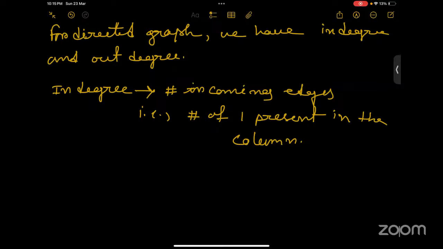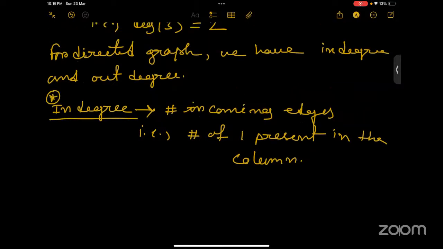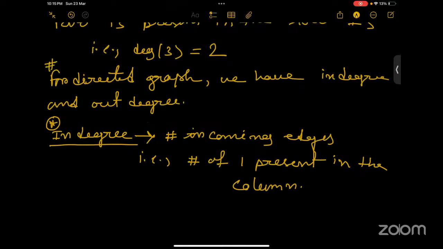Is it clear? In degree means number of incoming edges. So that means the number of ones present in the column.